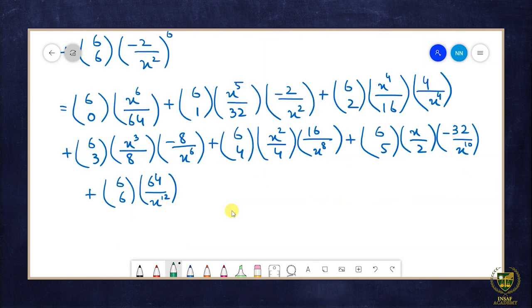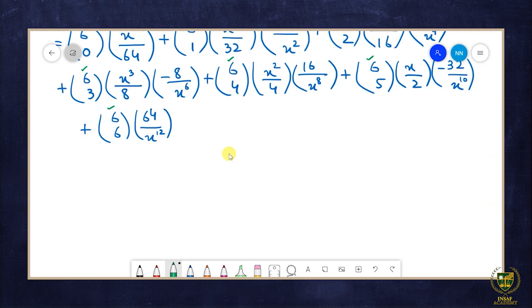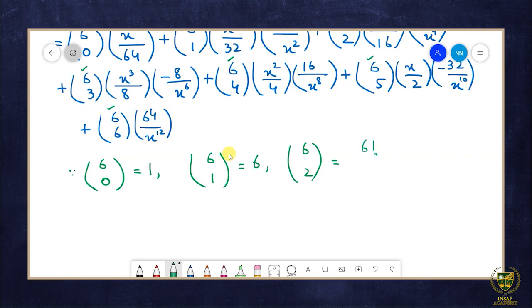Now let's find these binomial coefficients. 6c0 is equal to 1, 6c1 is equal to 6, 6c2 is equal to 6 factorial over 2 factorial into (6 minus 2) factorial.